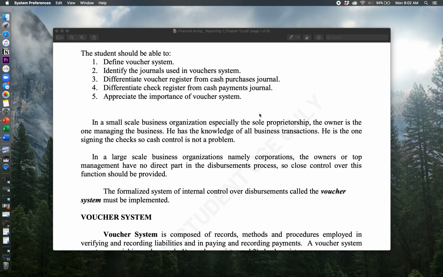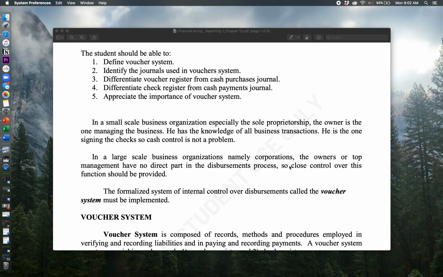Yung mga outflow dyan. Whereas sa mga large corporation, the owners or top management have no, underscore nyo, have no direct part in the disbursements process. So may mga general manager, finance manager, so meron din sa treasury department, sila yung nag-control doon sa function na yon.